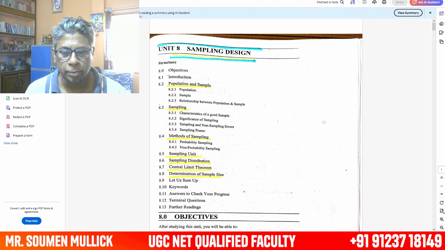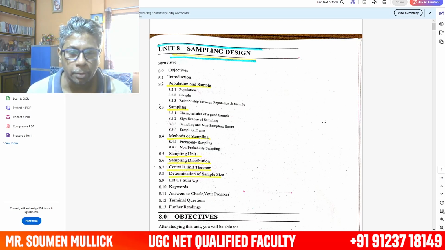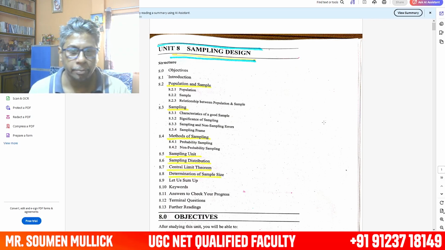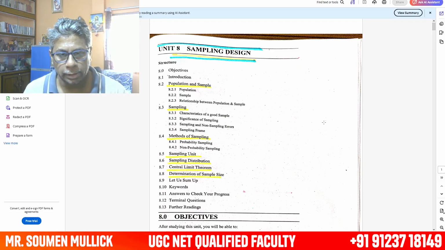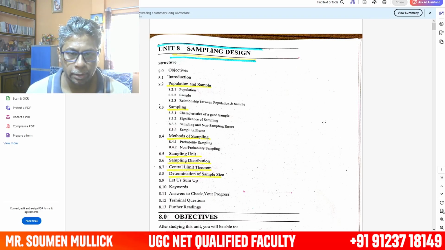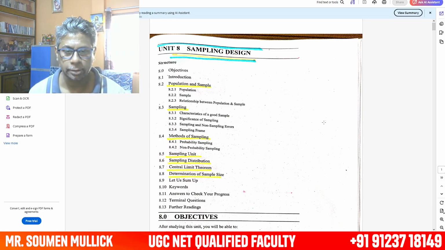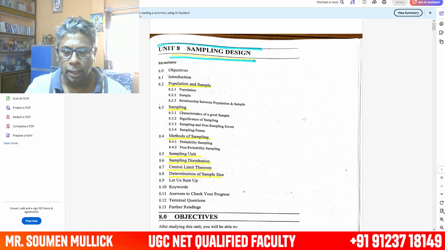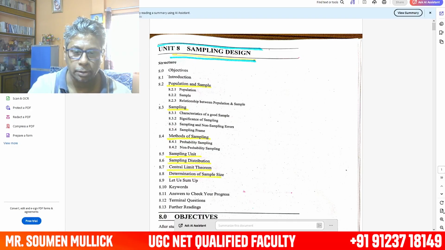Number two, sampling, characteristics of good sampling, significance of sampling, sampling error, sampling frame, methods of sampling, probability sampling, non-probability sampling, sampling unit, sampling distribution, central limit theorem, and determination of the sample size. So these are our objectives to study.